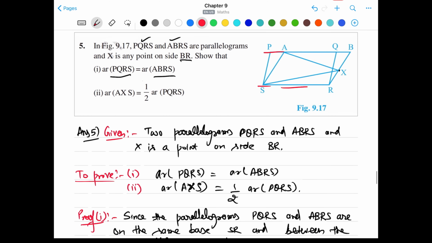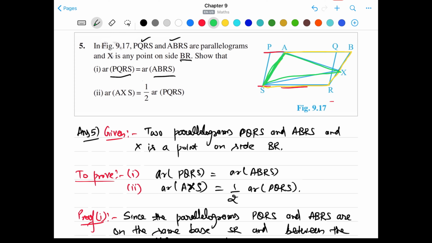You have to prove that the area of triangle AXS is equal to half the area of PQRS. Okay, so now we are going to start with the parallelogram ABRS and triangle AXS. In this figure we have a parallelogram ABRS, which is this one, and in the same parallelogram we have a triangle AXS.